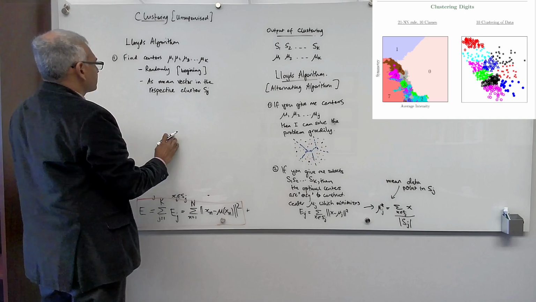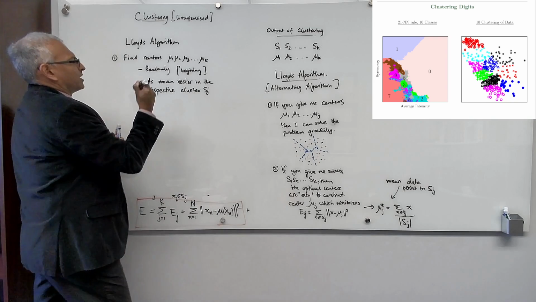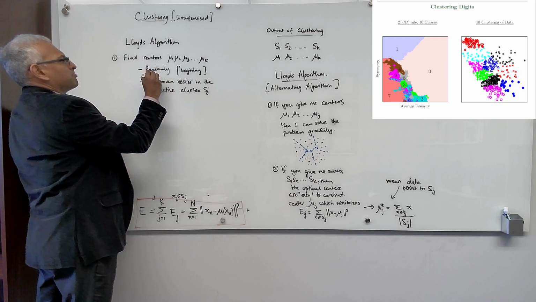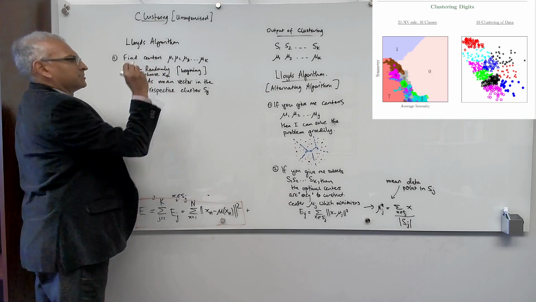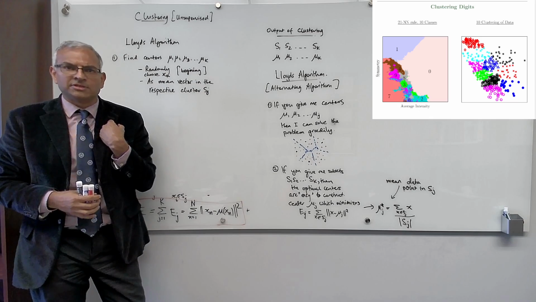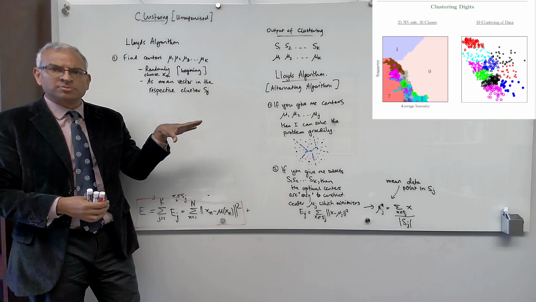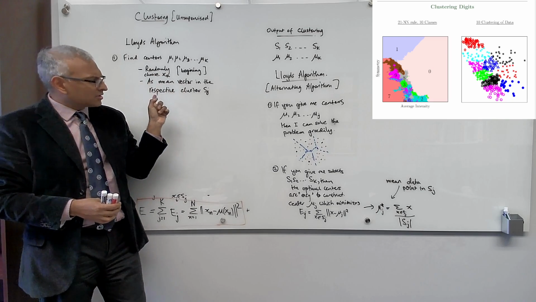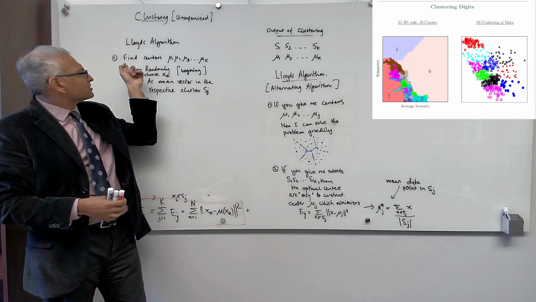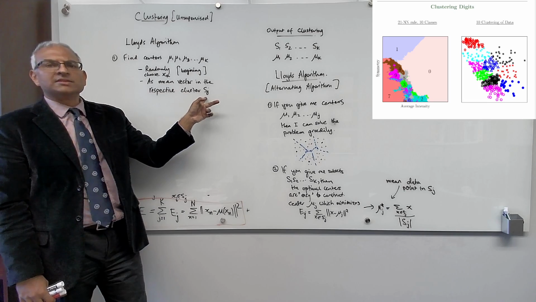So you randomly choose data points xn. Each center is a randomly chosen data point at the beginning. And as the algorithm progresses, you will construct the centers to be optimal for whatever the current clustering is.